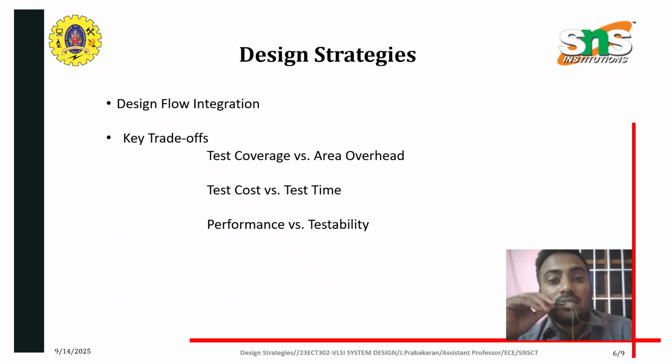Test coverage versus area overhead means more DFT structures lead to higher coverage but increase area. Test cost versus test time: scan chains improve testability but long chains increase test time. Performance versus testability: extra logic may affect timing if not carefully designed.